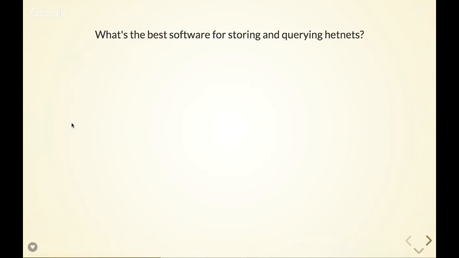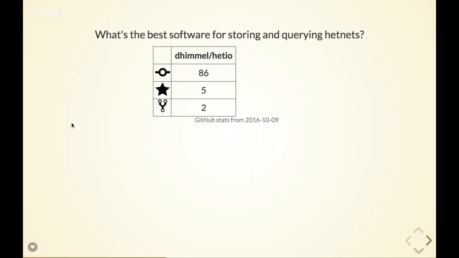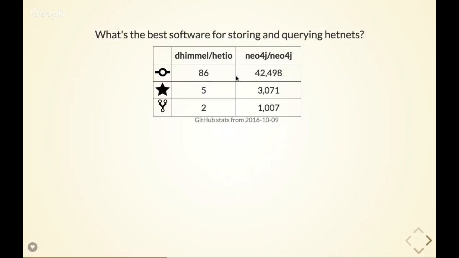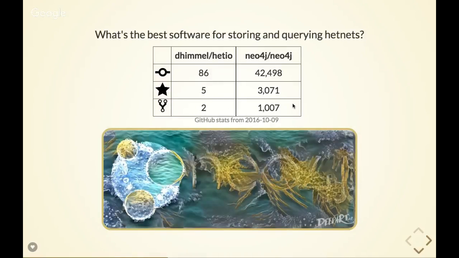This is a bit technical, but at the beginning, actually, we weren't using Neo4j. We were using a package that I made called Hetio, which at that time had 5 stars on GitHub and 2 forks, and then we discovered Neo4j with 3,000 stars and 1,000 forks, and we started using it.